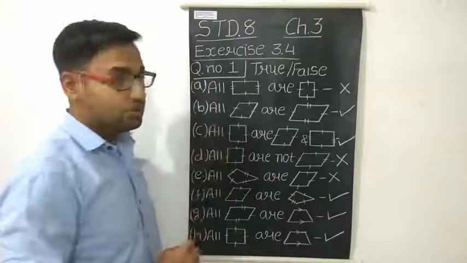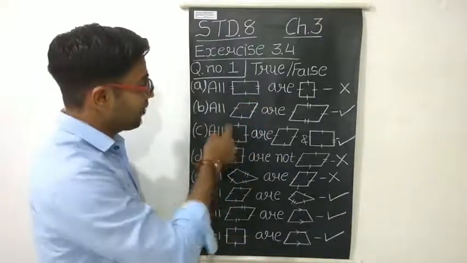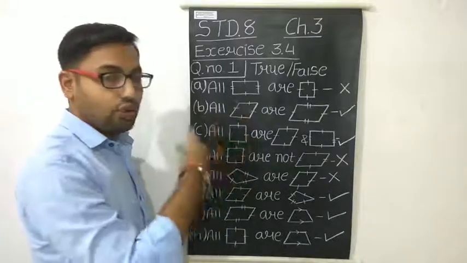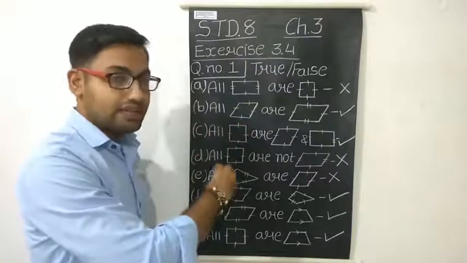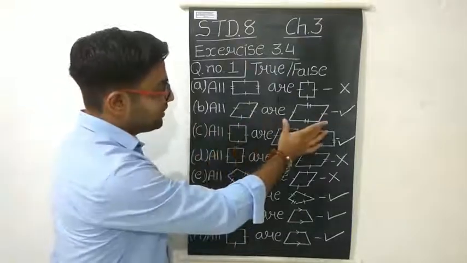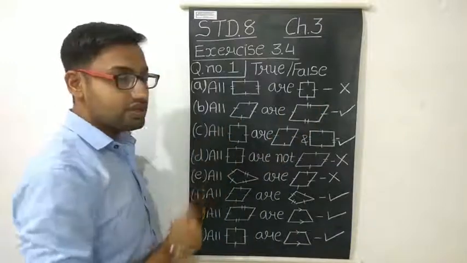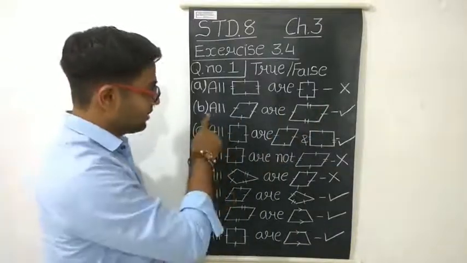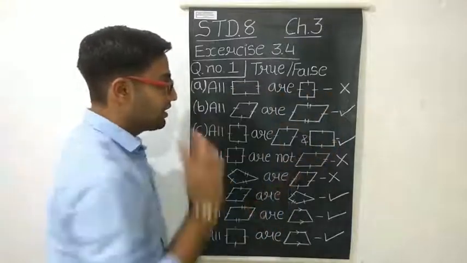And in rhombus also both pairs of opposite sides are equal and parallel. One more property of the rhombus is that all the sides are equal. So here as all the sides are equal, the rhombus will satisfy this property of the parallelogram. So we can say that yes, all the rhombuses are parallelograms, right? This statement is true.